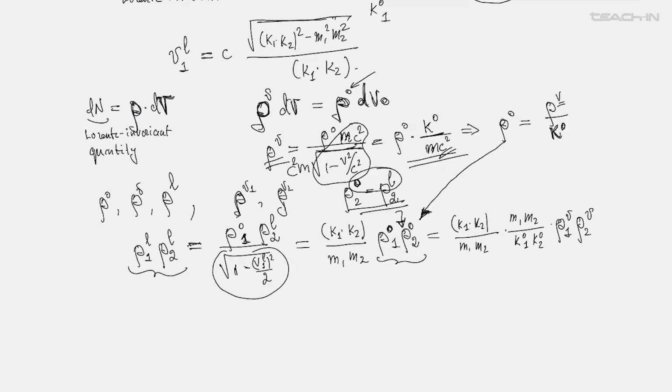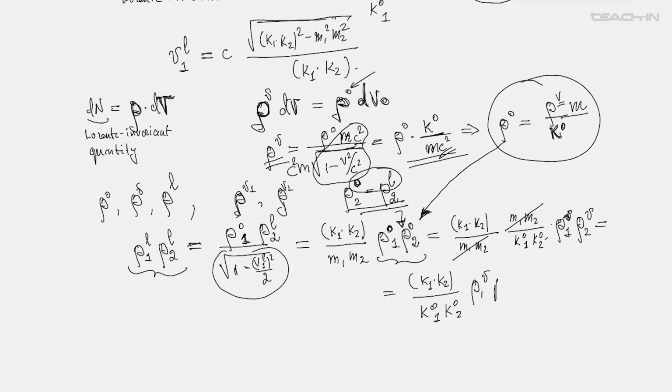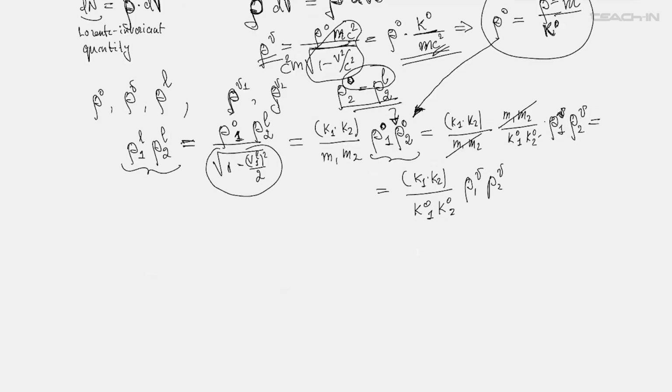I'm using this formula and replace rho 01 and rho 02 by these expressions. And that gives me exactly what I want. So these two factors canceled, and I get that the result is K1 multiplied by K2, over K01, K02, rho 1v, rho 2v. So I expressed the product of densities in the laboratory frame via product of densities of particles in the frames where particles are moving with velocities v1 and v2. So densities of particles in the original beams.